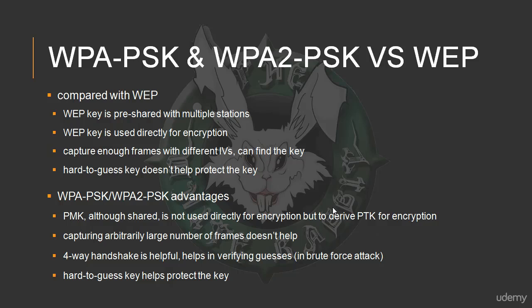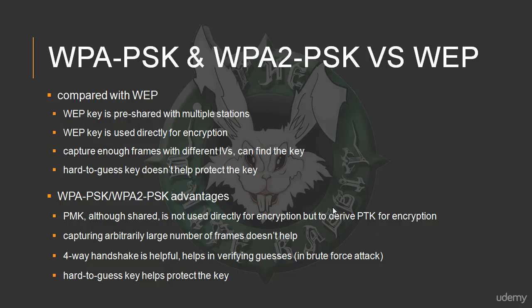So the pairwise transient key is something that would be different for each station. It wouldn't be the same, even though the PMK would be the same because it's the same SSID for all of these stations. With WEP, we can capture enough frames with different IVs and we can find the key, whereas with WPA-PSK and WPA2-PSK, we cannot do that.